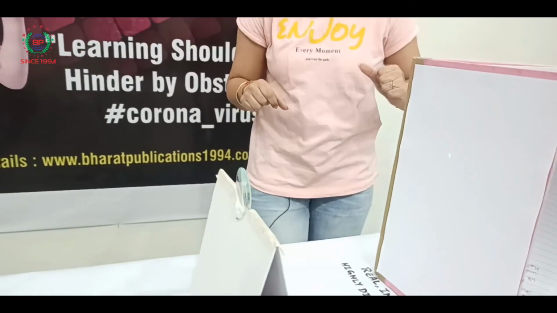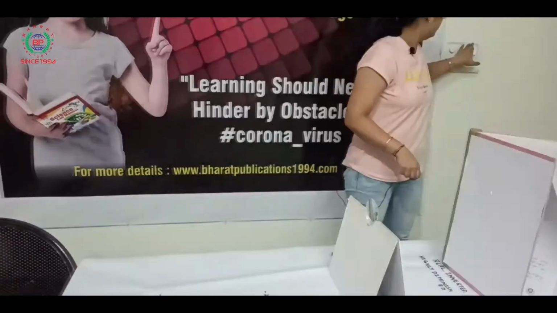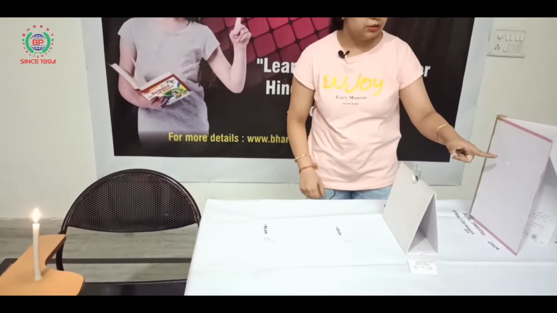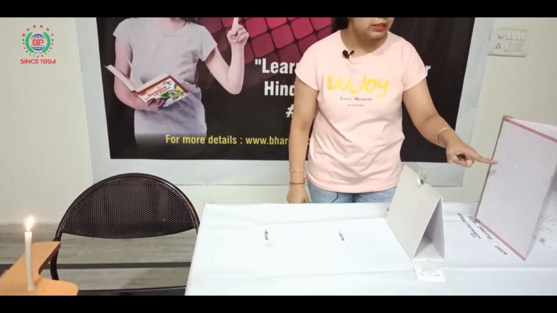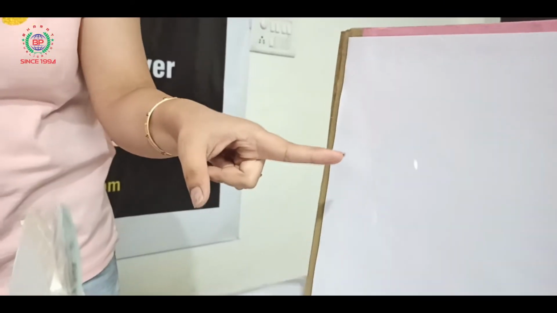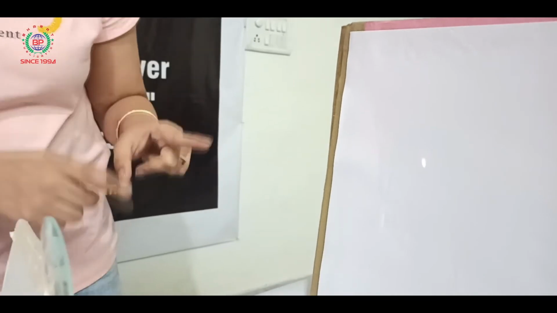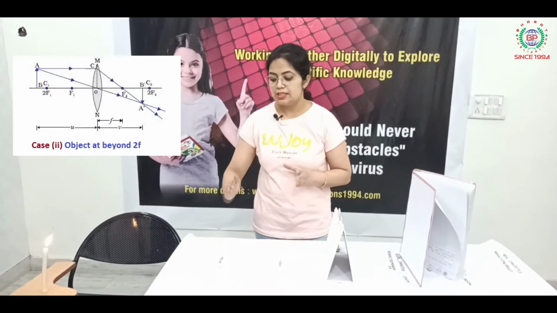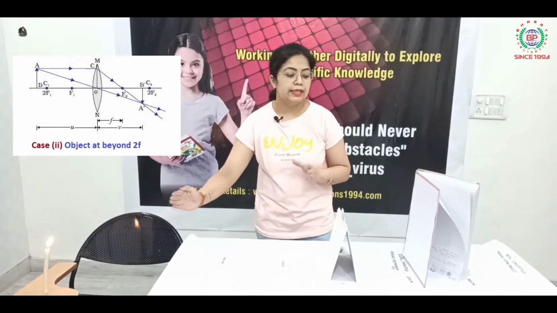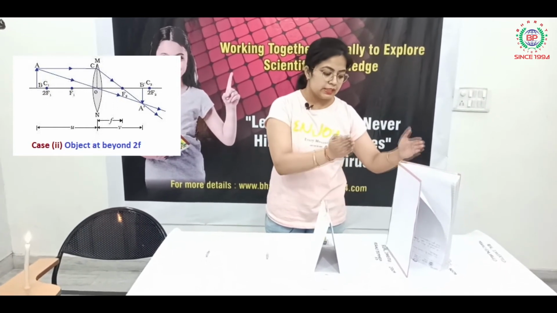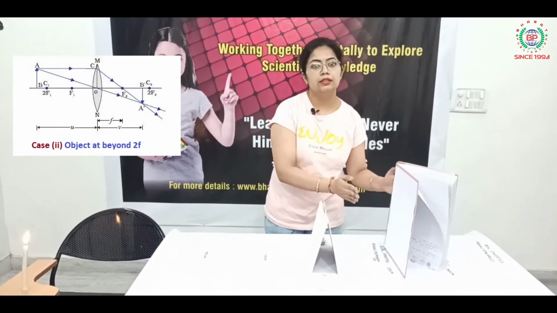To show you clearly, I am again going to dim the light. See, this is the inverted image, this is the real image, it is a diminished image, and it is forming between F2 and 2F2. It means when our object is beyond 2F1, then its image is formed between F2 and 2F2. It is real, inverted and diminished.